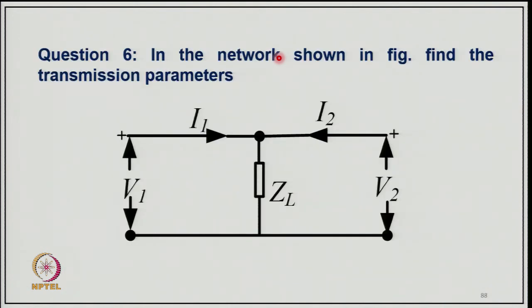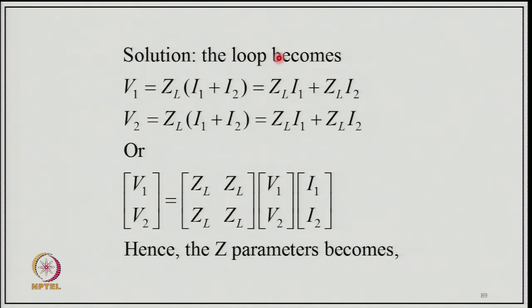Now, coming to question 6: in the network shown here, find the transmission line parameters. It is given that there is only one impedance ZL. So, the solution of the loop equations is V1 equals ZL into I1 plus I2, equal to ZL I1 plus ZL I2, and V2 equals ZL into I1 plus I2, equal to ZL I1 plus ZL I2.